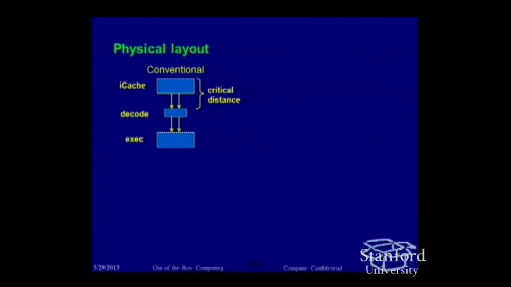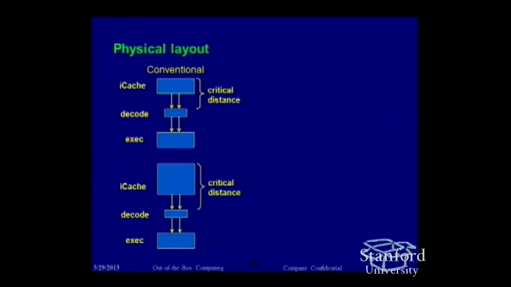So you can only get those so far apart, and that's what puts your upper limit on either paying for it in your clock rate or alternatively paying for it in the size of your instruction cache. Now, you can, in fact, have a bigger cache. But you also wind up with a bigger critical distance.